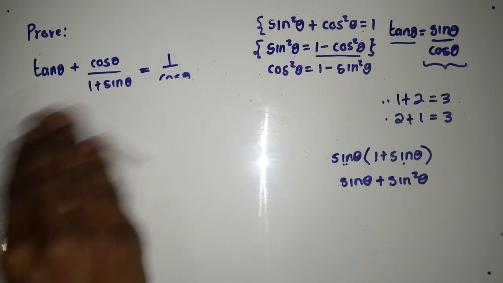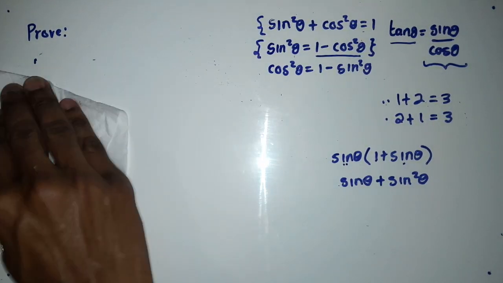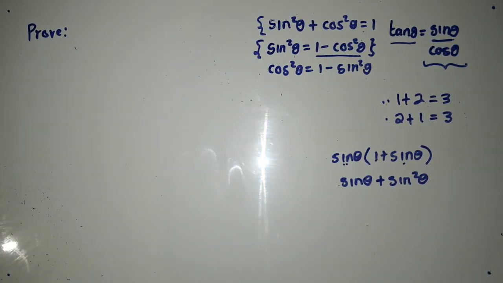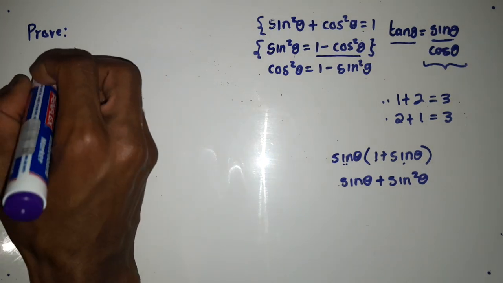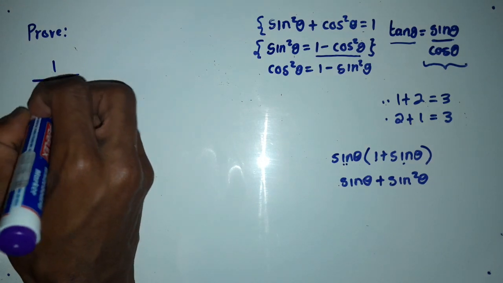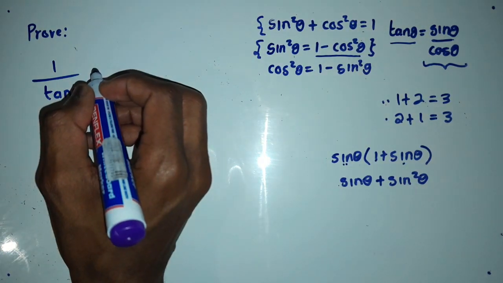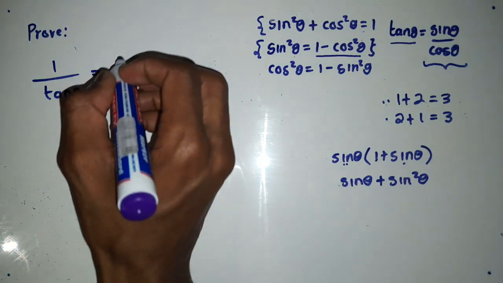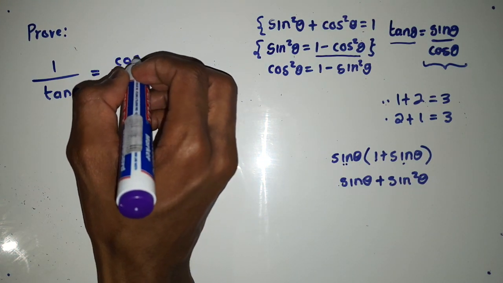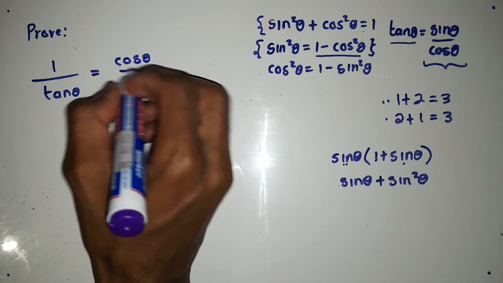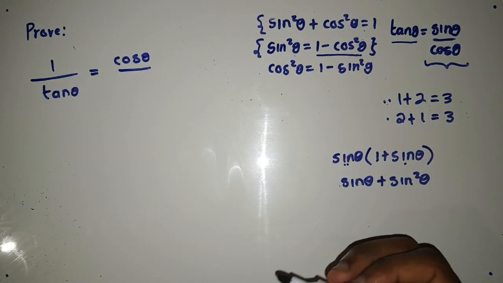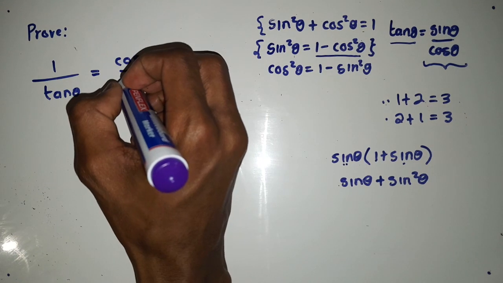Let's say if now we have 1 all over tan theta, like this, is equal to cos theta divided by, let's say, sine theta.